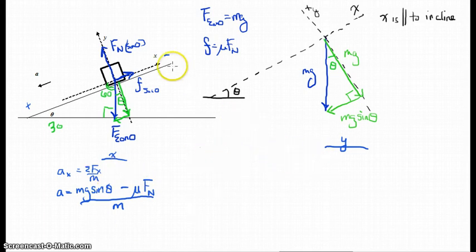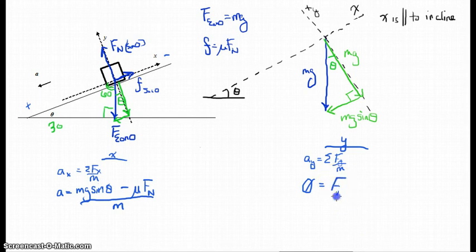So in the y direction, all right, again, if we look at our acceleration, if a box is sliding down an inclined plane, it's accelerating parallel to the incline, which means perpendicular to the incline, the acceleration in the y direction is going to be 0. So we're going to write 0 is equal to, and if we look at this, the normal force is exerted perpendicular to the incline along the y-axis.